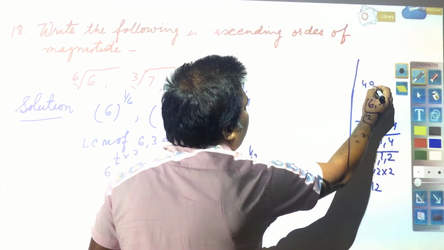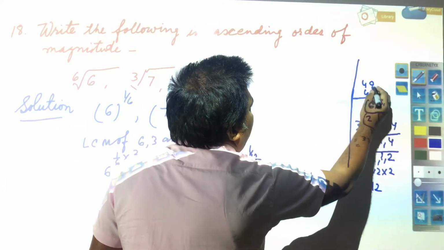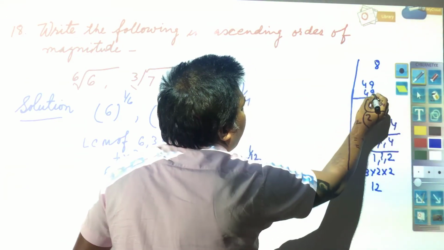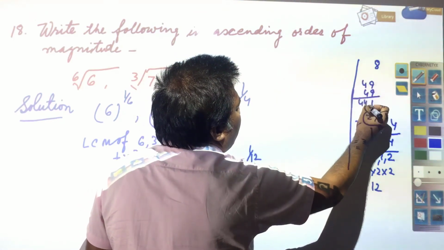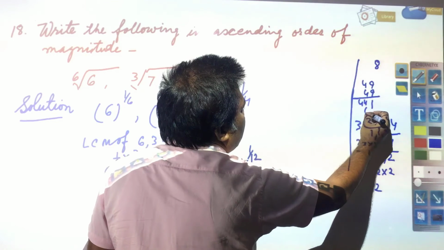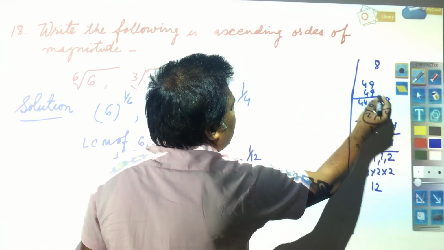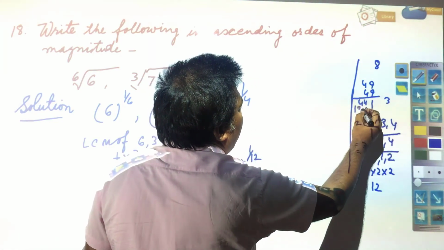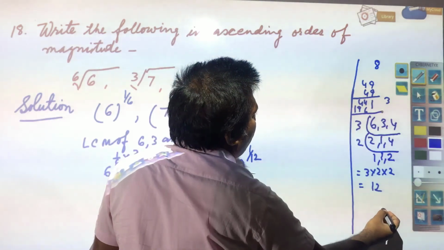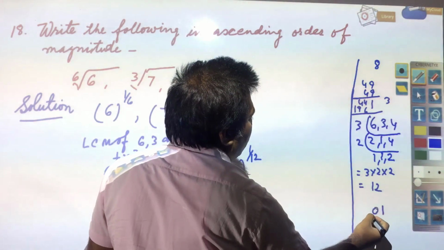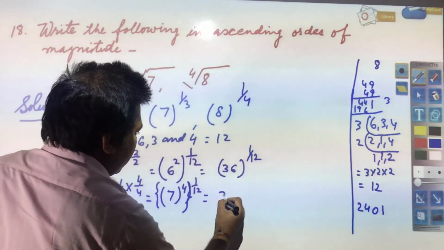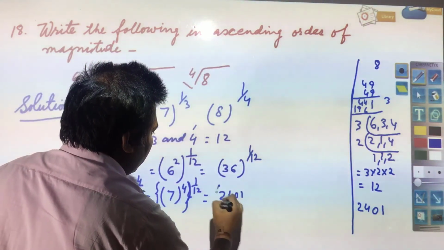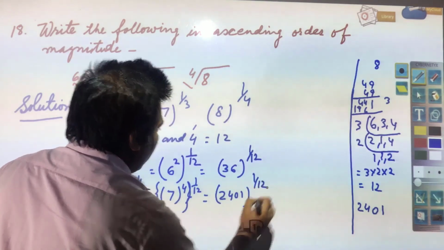So 49 into 49, it will be 9 9s are 81, 9 4s are 36 and 8 is 44, 4 9s are 36 and 4 4s are 16 and 3 is 19. You will have 1, 0, 4 and 2, 2401. This means 2401 to the power 1 by 12.